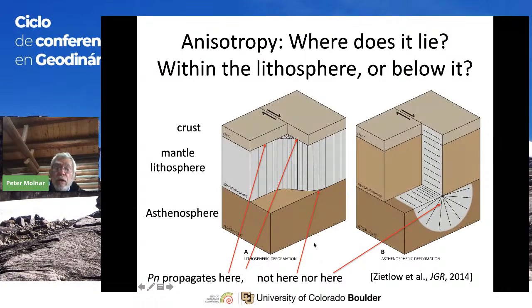And so there are two conclusions that we draw from this. First, because Pn propagates just below the Moho, here's the crust, here's the mantle lithosphere, not way down in the asthenosphere, this arrangement is wrong. The fault does not penetrate all the way through the mantle lithosphere into the asthenosphere.